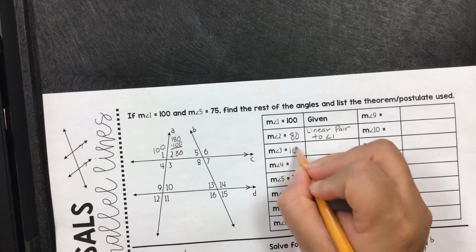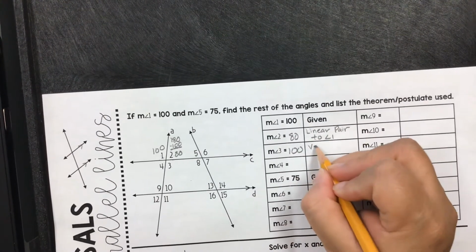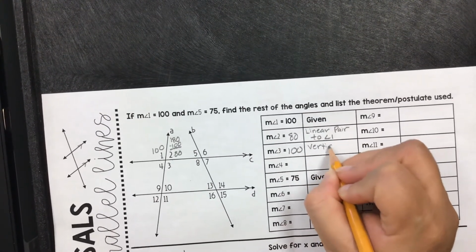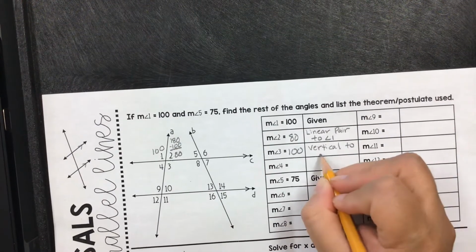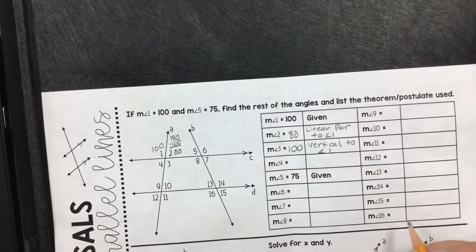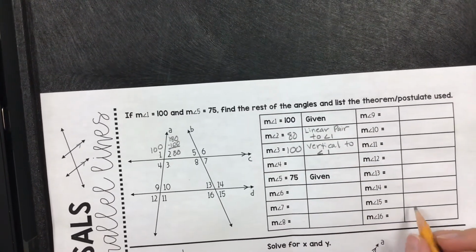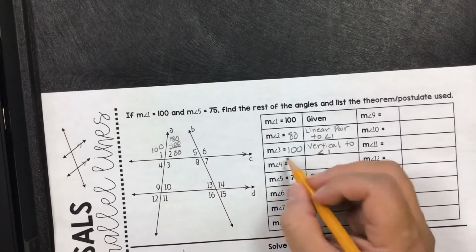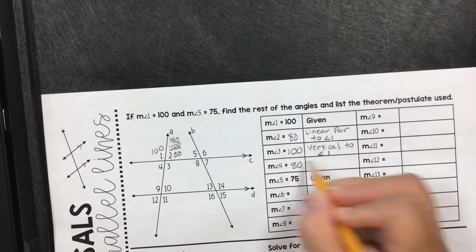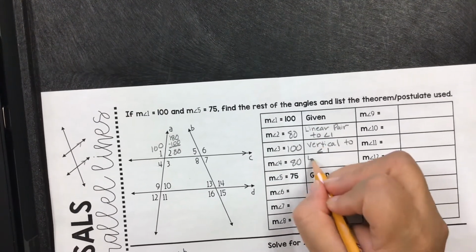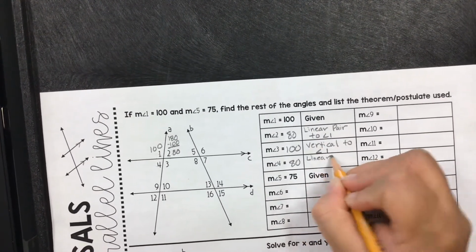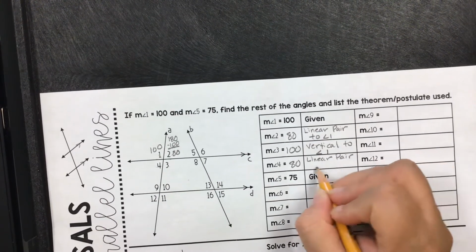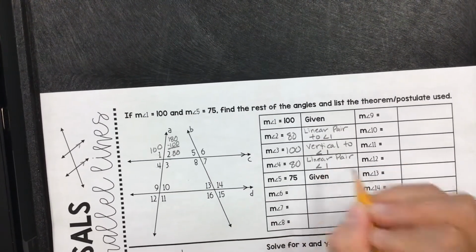So I know that they're the same, and this is a vertical angle to angle 1. Number 4, we could use it's a linear pair to 1, and that's what I'm going to use. So I know that this also has to be 80. And I'm going to say that I use the linear pair to angle 1.